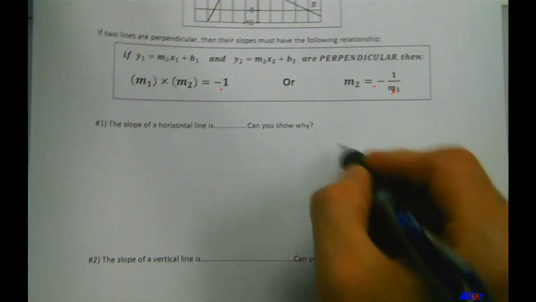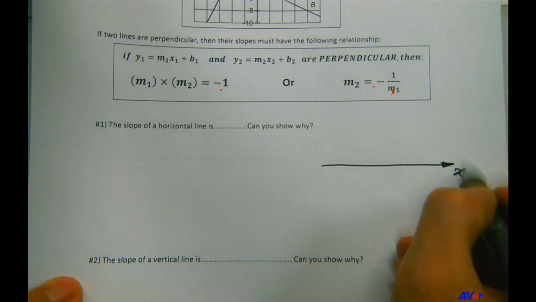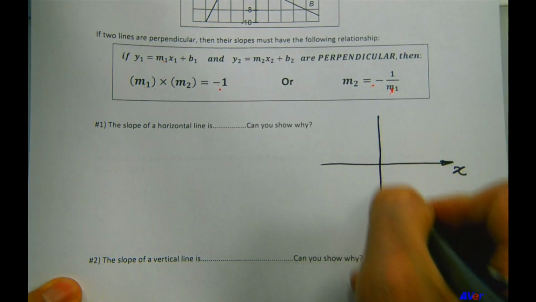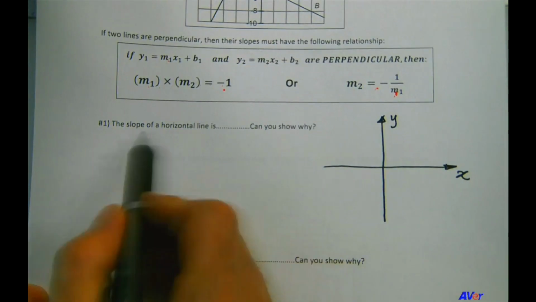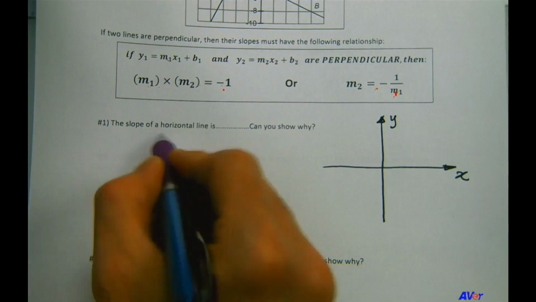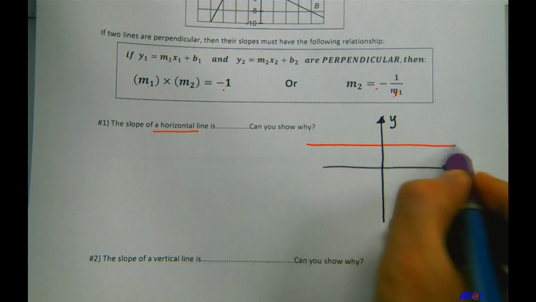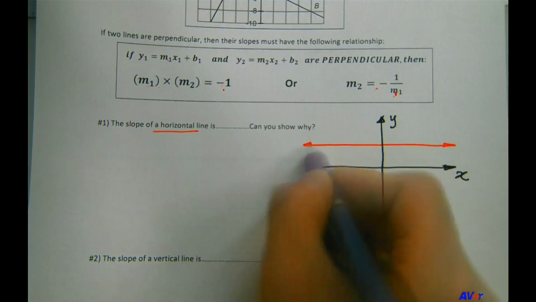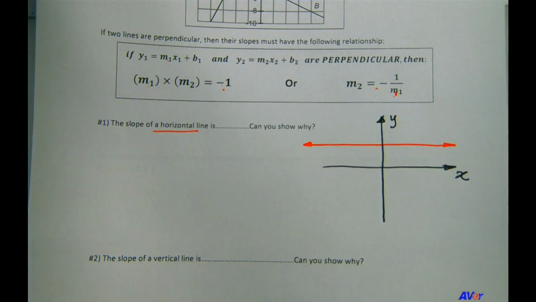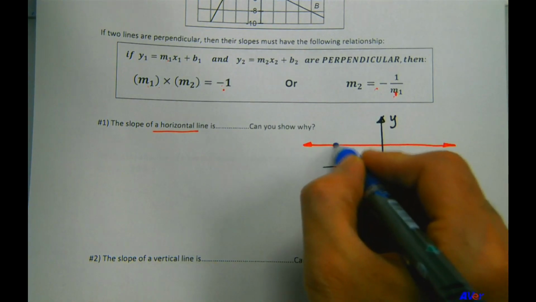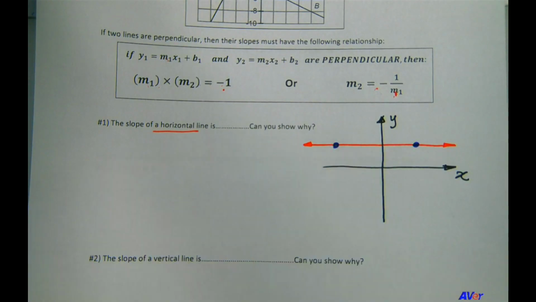If we draw a tiny graph here, suppose we have the xy plane, and a horizontal line is what we're talking about. So let's draw a horizontal line like that. Then let's pick a couple of points on this horizontal line. Let's pick one point here and another point here.